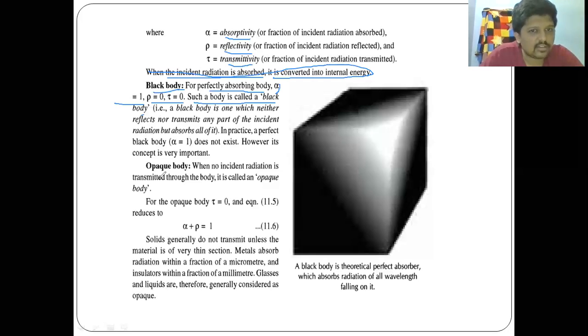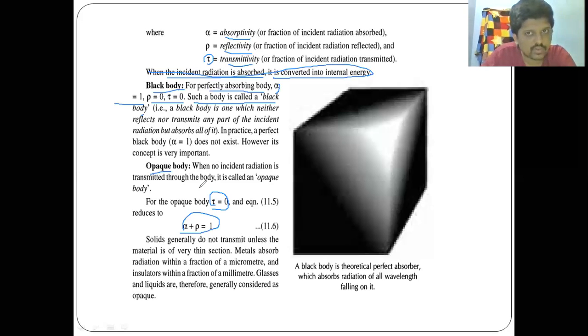Okay. For an opaque body, that means the incident energy cannot be transmitted through it. That means tau will be zero. So for an opaque body, tau will be equal to zero, and the equation we showed before becomes alpha plus rho equals 1 because tau became 0.